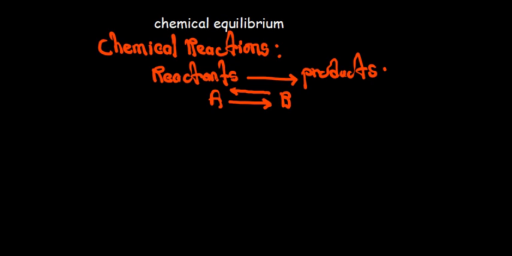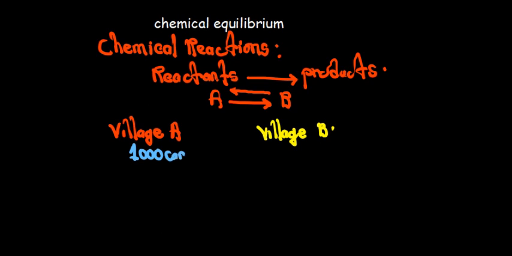And what kind of equilibrium are we talking about here? Let me give an example to illustrate. You've been given a village, village A, and another village, village B. Village A has 1000 vehicles, and village B has 1000 vehicles.